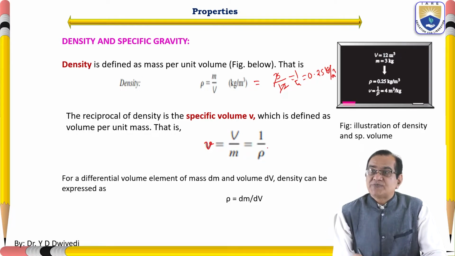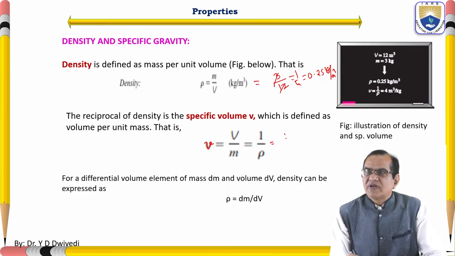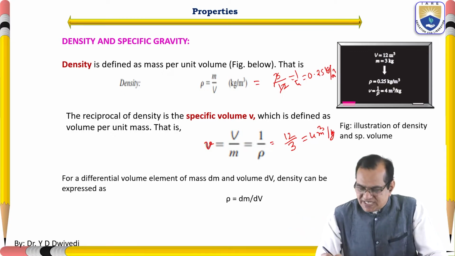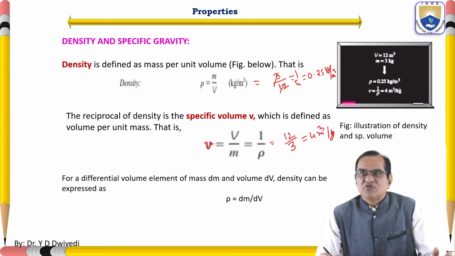But if you want to know the specific volume, then it is volume by mass. So volume is 12 and mass is 3. You will get 4 meter cube per kg. So this is illustrated here. Here we can find out the density or the specific volume very well. There is no issue in that.